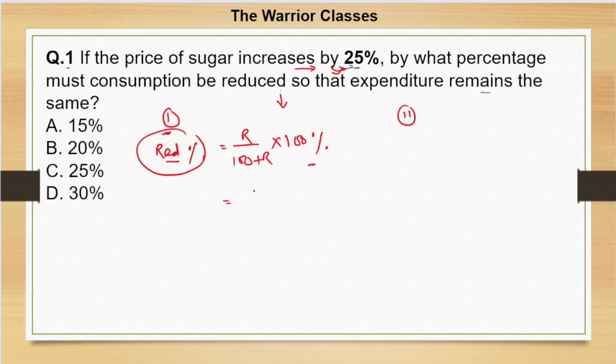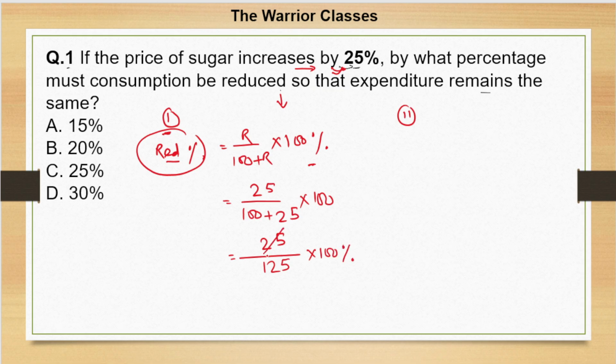Now R here is 25, so we write 25 divided by 100 plus 25, multiplied by 100. So in the numerator it is 25, and the denominator is 125, multiplied by 100, in percentage.